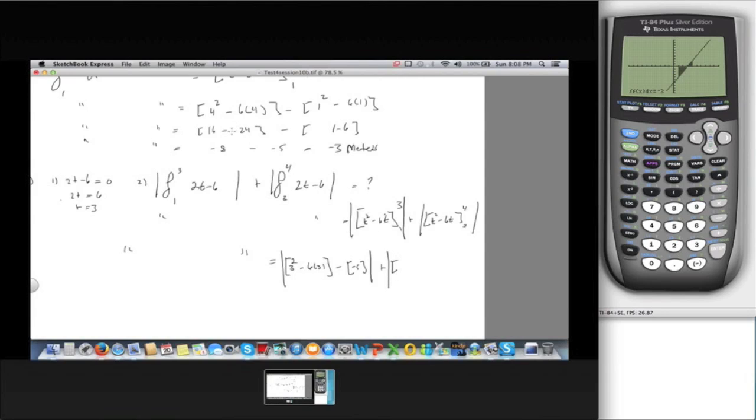Four was -8. And 3 I haven't solved for yet.